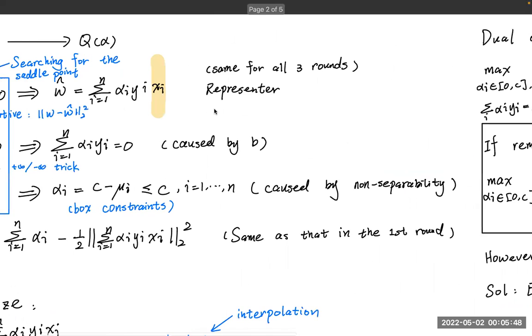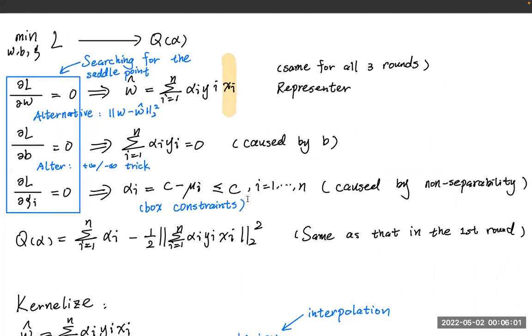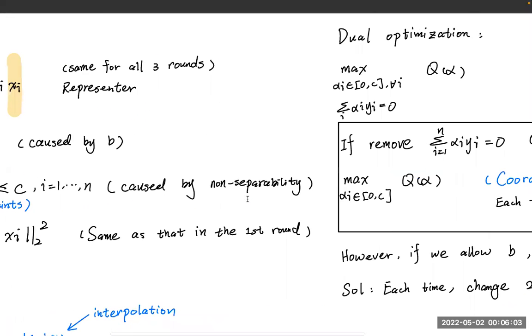We introduce a slackness variable so that by taking the derivative with respect to psi i, we have alpha i equal to C minus mu i, and this is less than or equal to C. So this gives us an actual constraint.